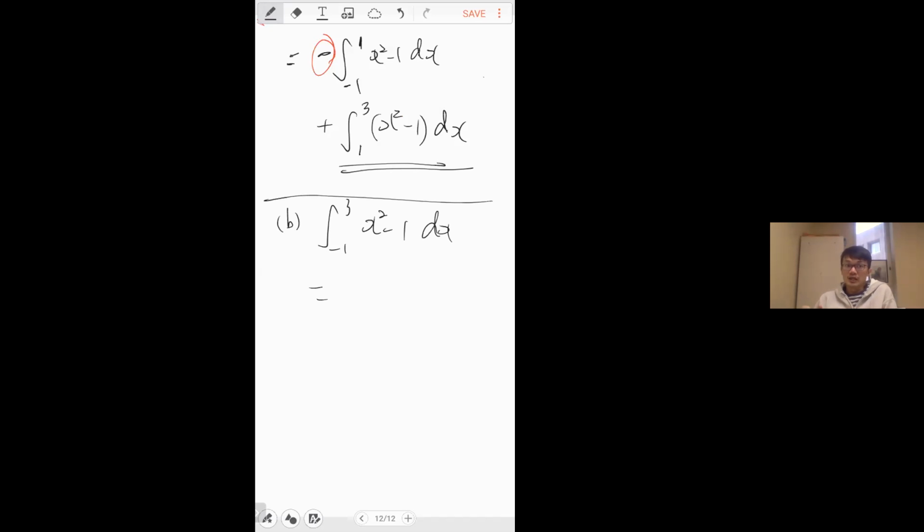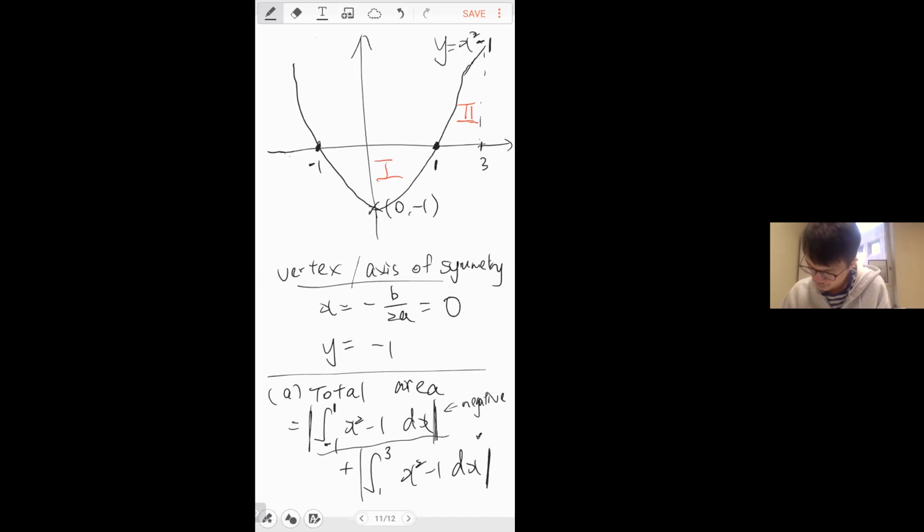For this, I actually care about where it is positive and where it is negative. Wait, let me think about this for a second.